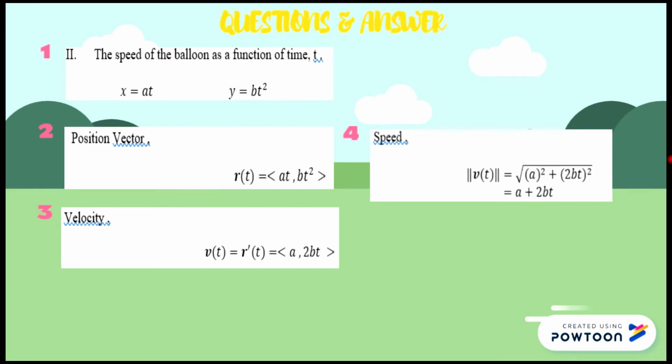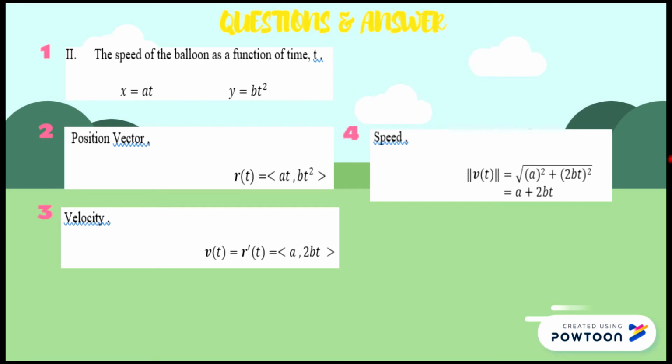Okay, for the next question, the speed of the balloon as a function of t, which is time. So x equals at, y equals bt to the power of 2.